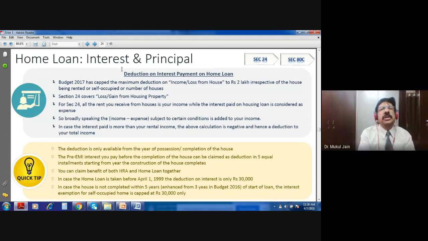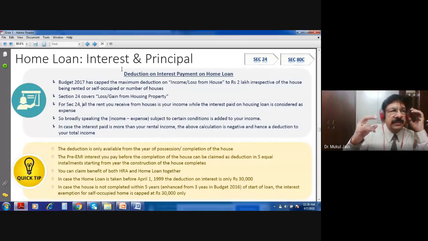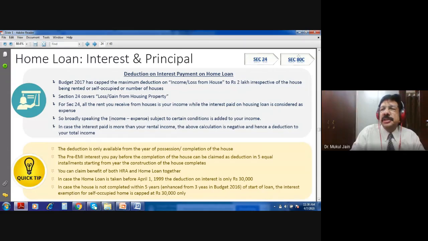In 15,000 rupees, suppose in 1 month your principal amount is 11,000 rupees and your interest amount is 4,000 rupees. So 11,000 rupees will go in section 80C, which is principal amount, and interest amount 4,000 rupees will go in section 24. So up to 2 lakh rupees per annum, you can get deduction for interest part.